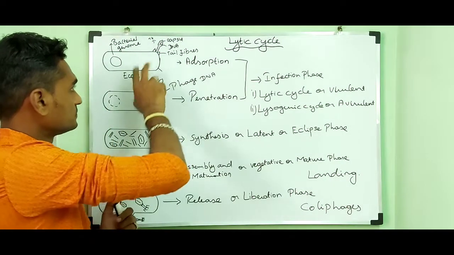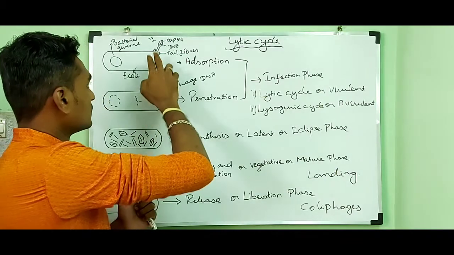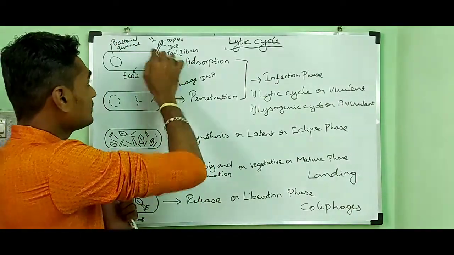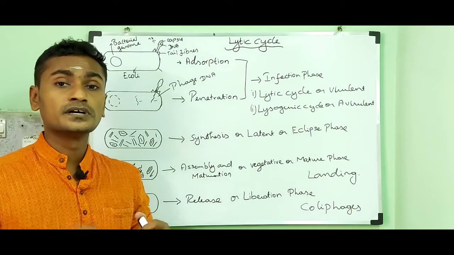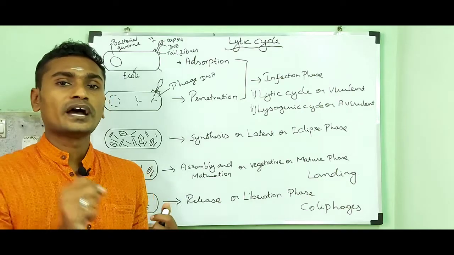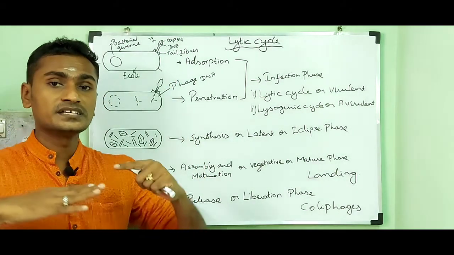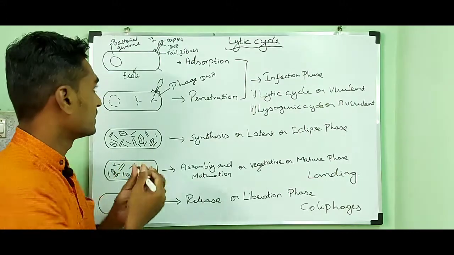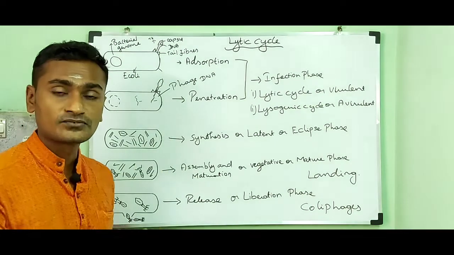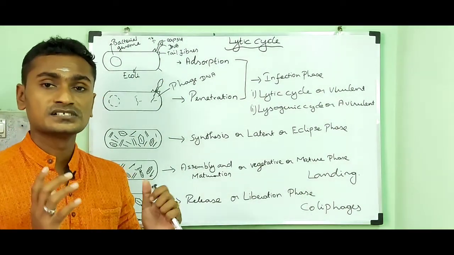Then the contact is made between the phage and the bacterial cell wall. After that, the tail fiber bends to anchor and pins, and the basal plate attaches to the cell surface of the bacterial host cell.